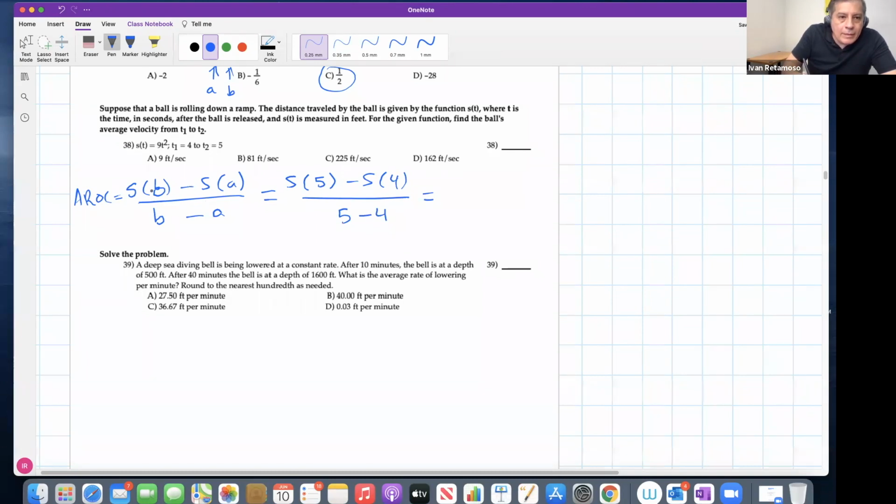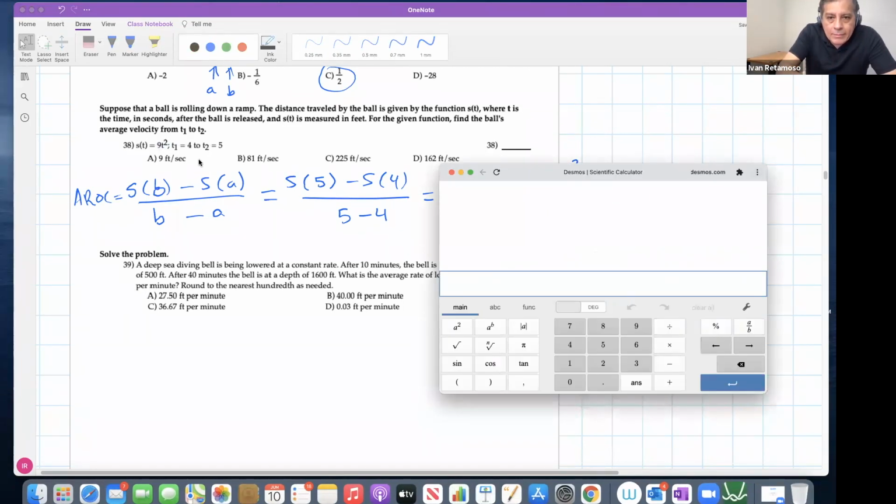The function evaluated at 5 is 9 times 5 squared, right? So 9 times 5 squared. Let's write it down. The function evaluated at 4 will be 9 times, we replace t for the number 4 squared, and this is 5 minus 4. This time, let's compute it in our calculator, okay?